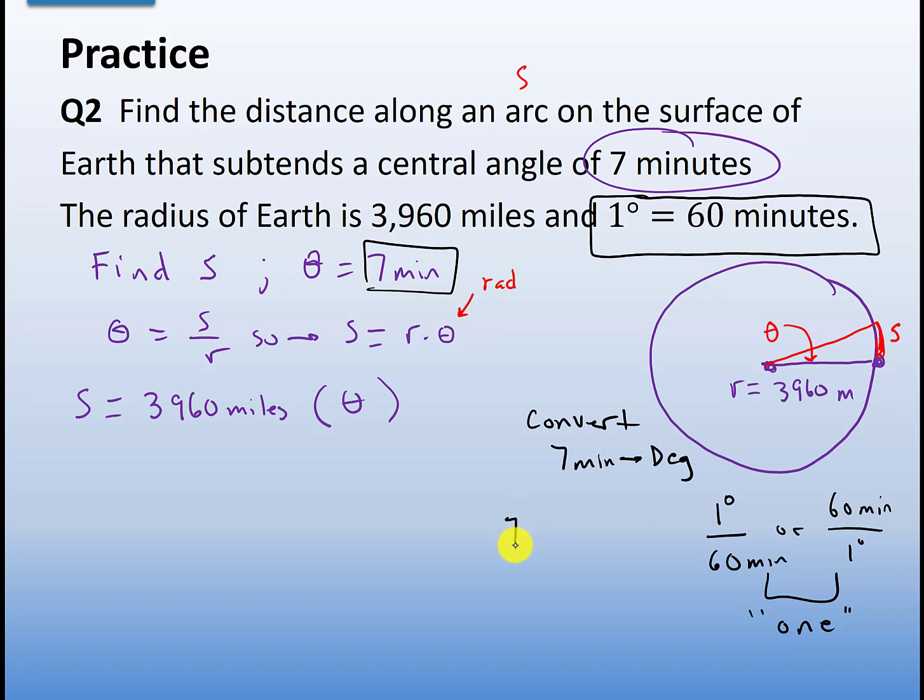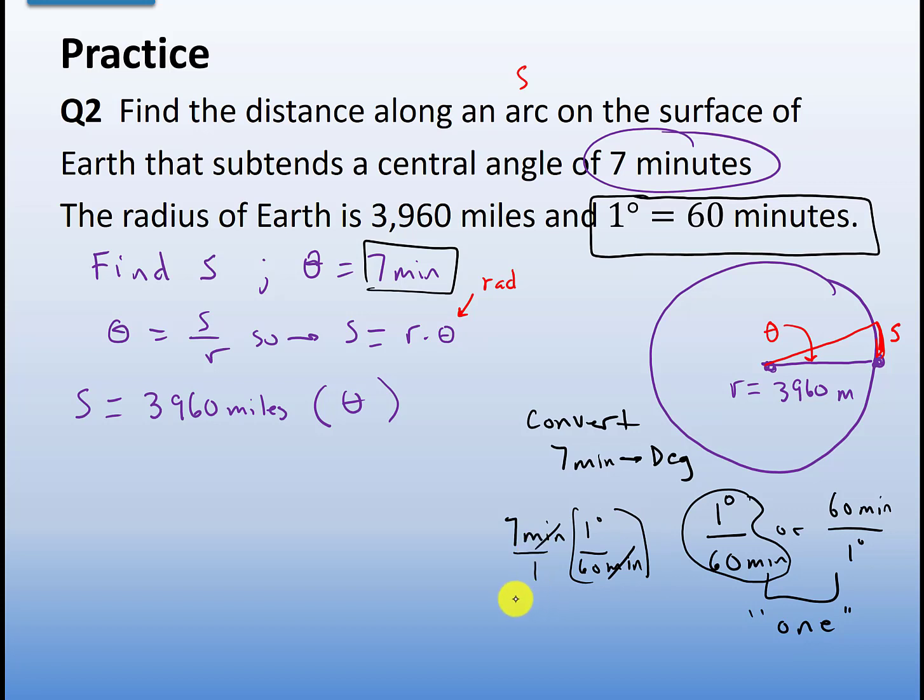So we take 7 minutes, and which one of these ratios is going to make minutes go away and leave me degrees? Well, if I multiply by 1 degree over 60 minutes, the minute units will cancel.